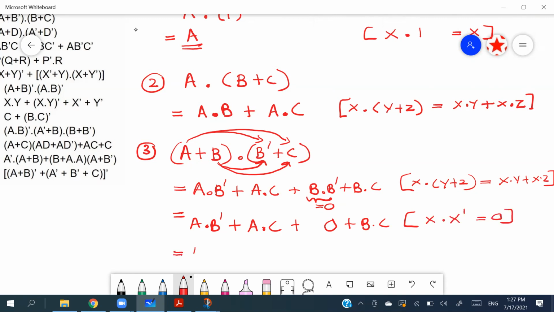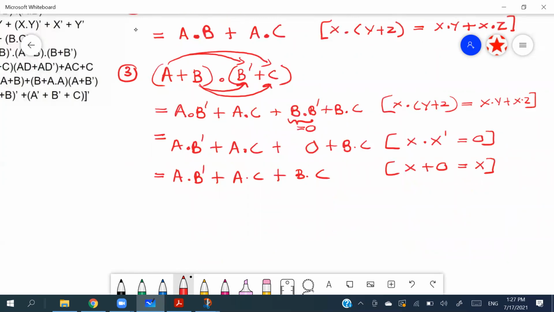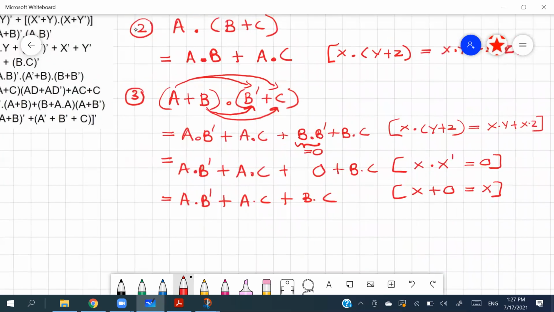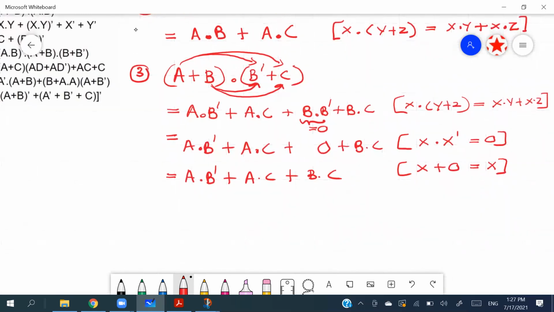And then I can write the final answer as A dot B bar plus A dot C plus B dot C. The reason is X plus 0 is X, right? So you can't simplify this further than that, so you can stop your simplification at this point, right?